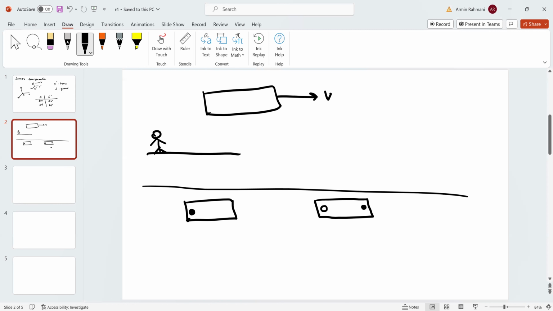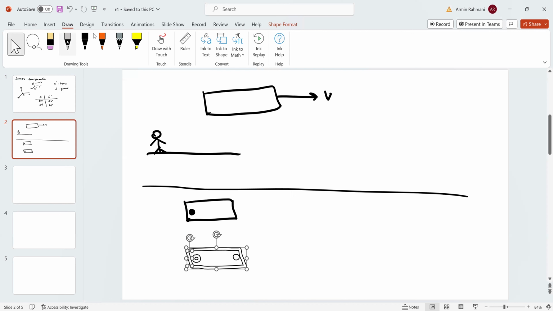So in the frame attached to the train, what we see is the train is at the same position. So let me move this to be just below. So that's in the frame that's attached to the train. And then the same thing on the ground.